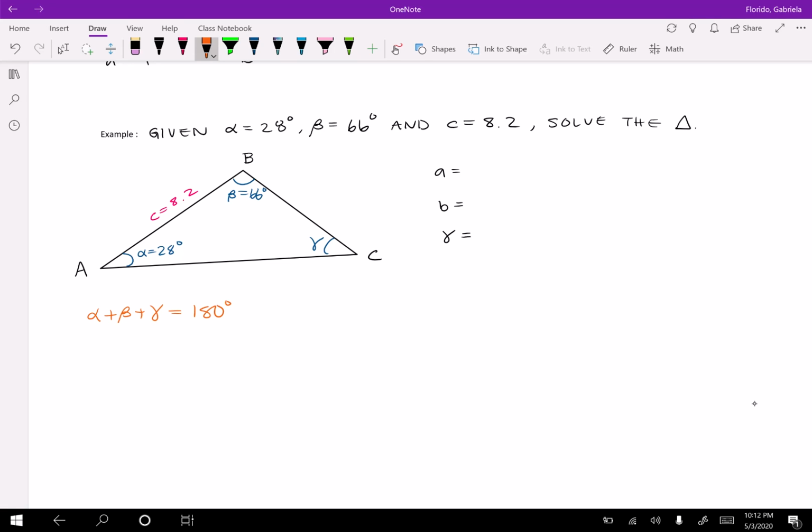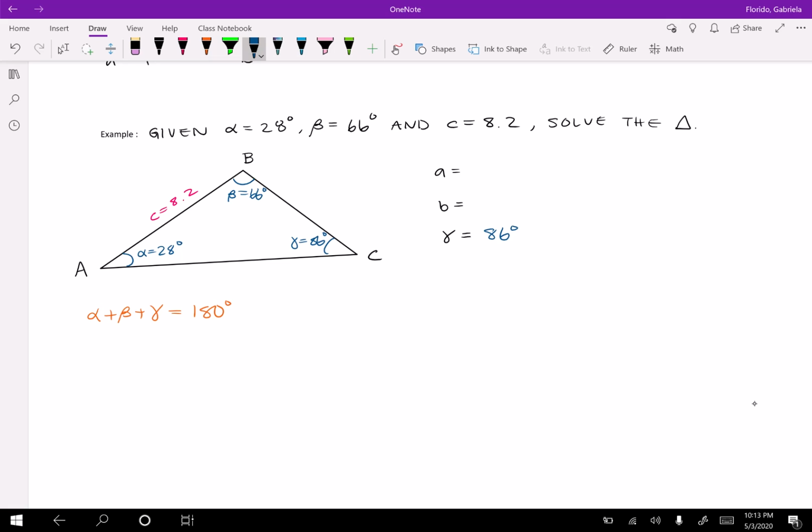And so if we do the math here, we get that gamma is actually equal to 86 degrees. So we know what gamma is. Right? So now we know gamma, we know little c. Now we have to find little a and little b.